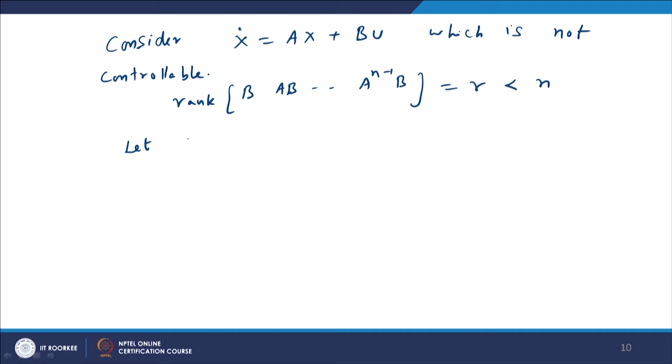Let R be the matrix containing the linearly independent columns of U. Because the rank is R, we can select R columns from the matrix U, where U is B, AB, etc. The size of the matrix is n cross m into n, but only R columns are linearly independent because the rank is R. So, we select any R linearly independent columns and put them in a matrix.